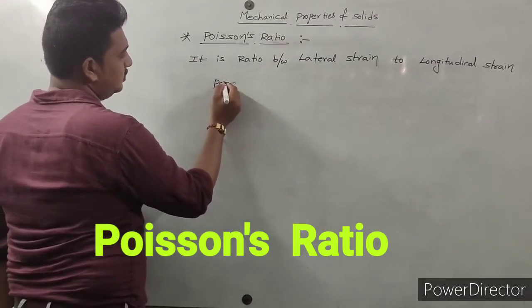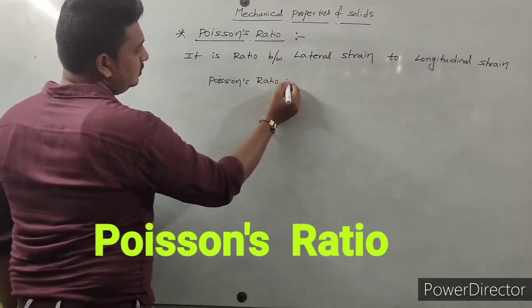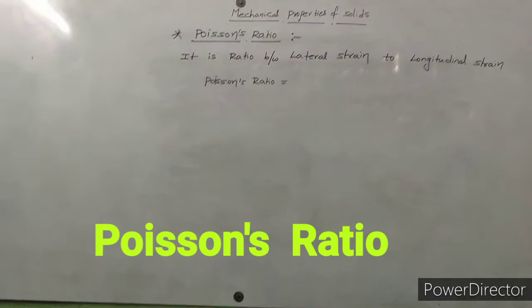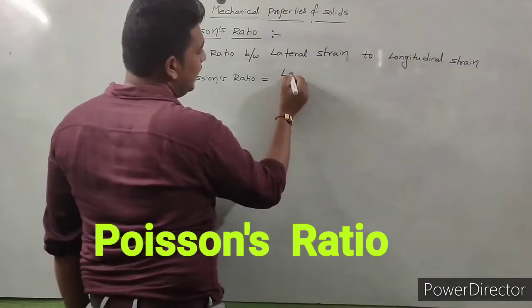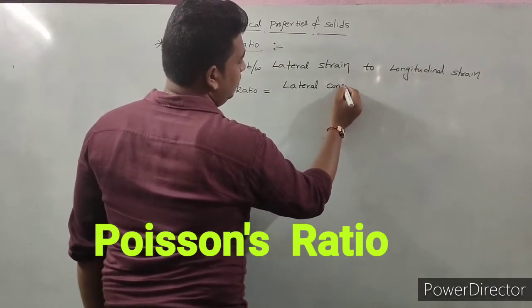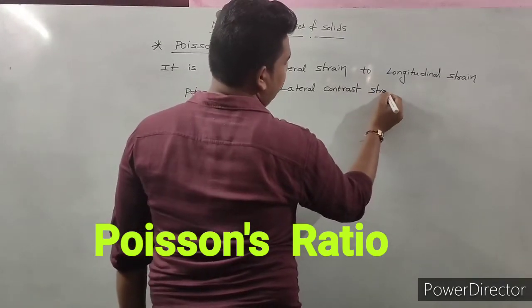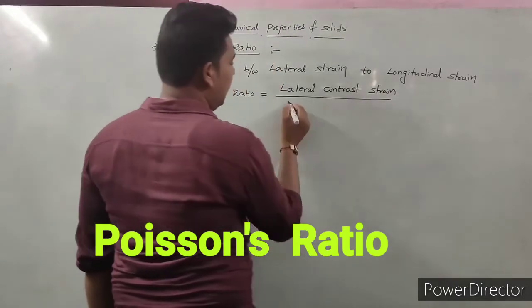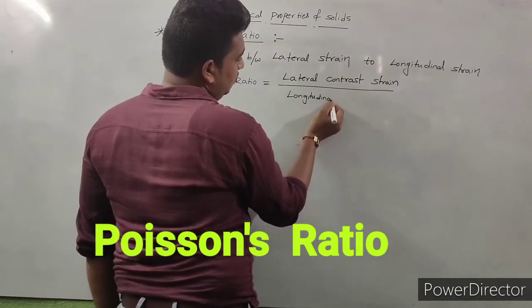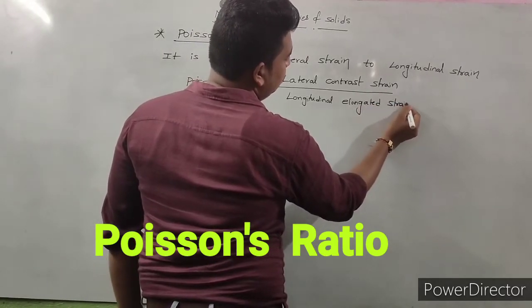Poisson's ratio is lateral contraction strain by longitudinal elongation strain.